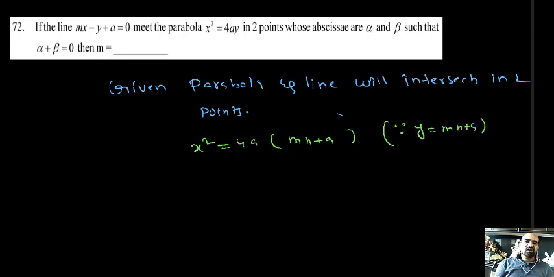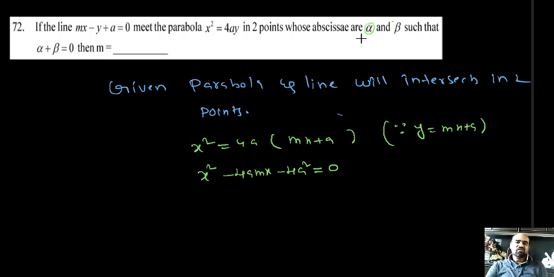What I'm doing now, I'm solving the curve and line equations. The resulting quadratic should have two distinct roots. x square minus 4amx minus 4a square equal to 0. Yeah, students, this equation should have two roots.